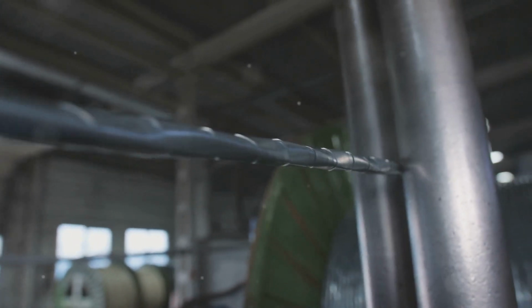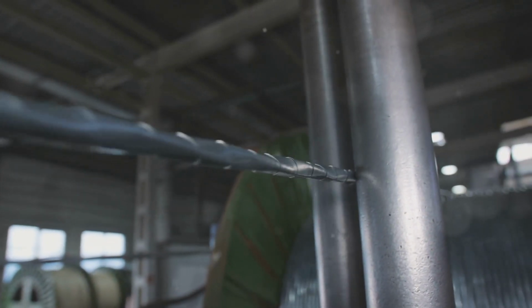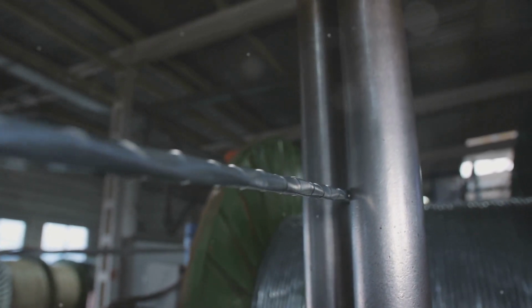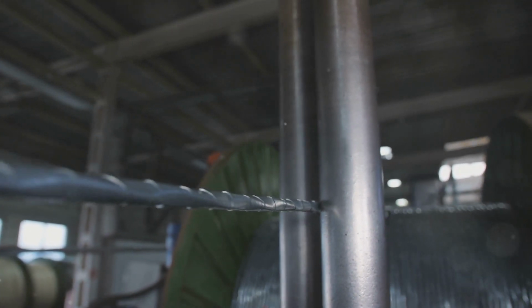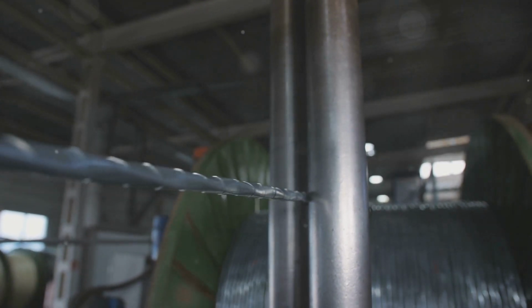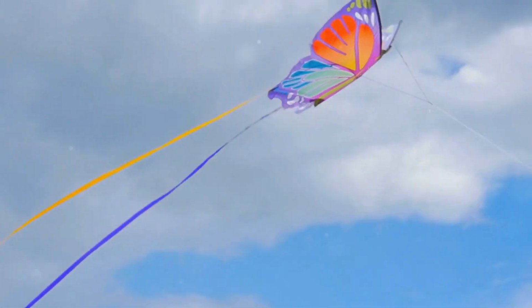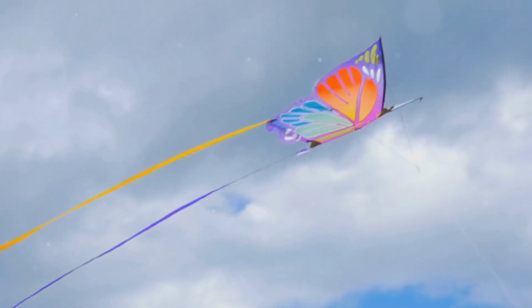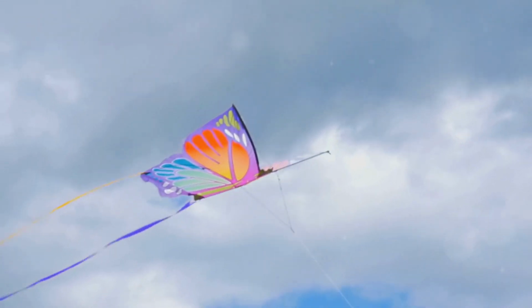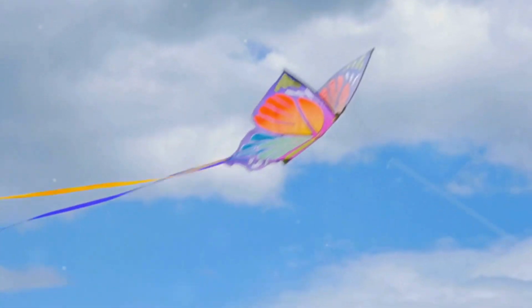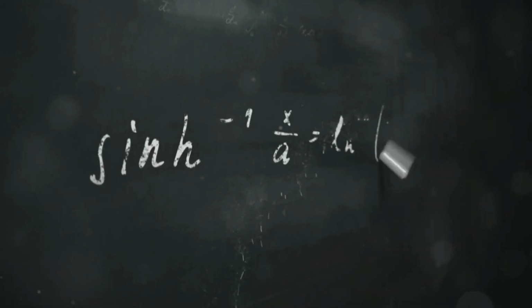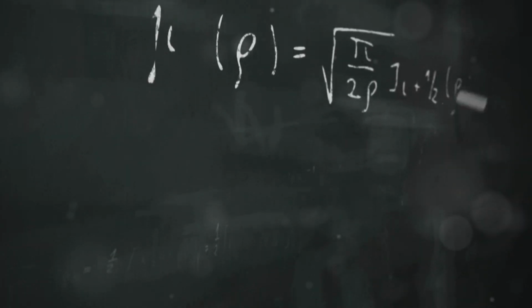It's the total opposition to the flow of alternating current, AC, which is the type of electricity in our homes. Just like the wind affecting the kite, impedance can change depending on the frequency of the AC. We measure impedance in ohms too, but its formula is a bit fancier.